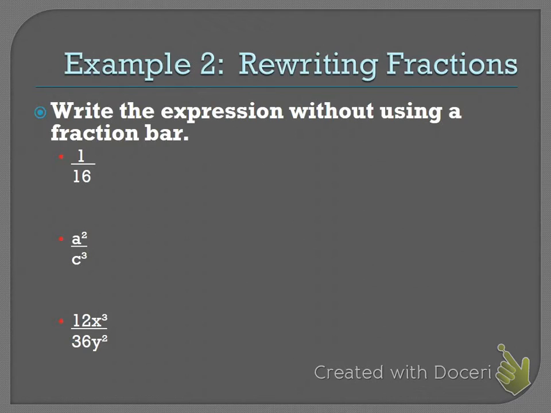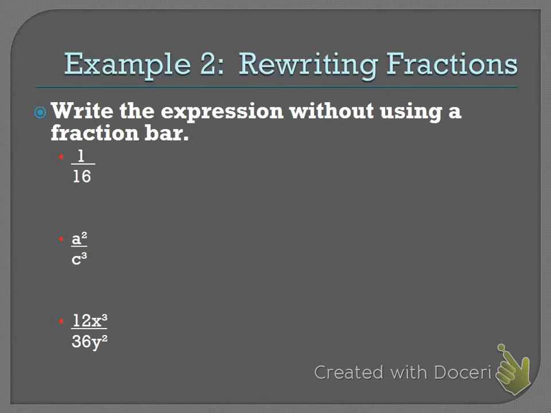In example 2, they don't care if we have a negative exponent in our answer. They just don't want us to have a fraction in our answer. Looking at the first one, 1 over 16, 16 has an understood exponent of 1, right?